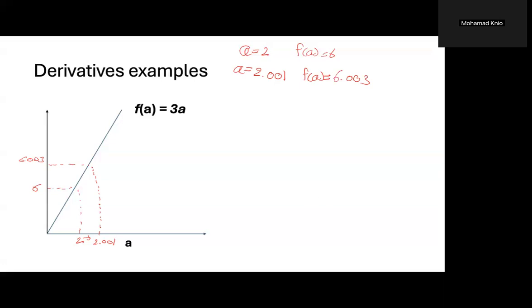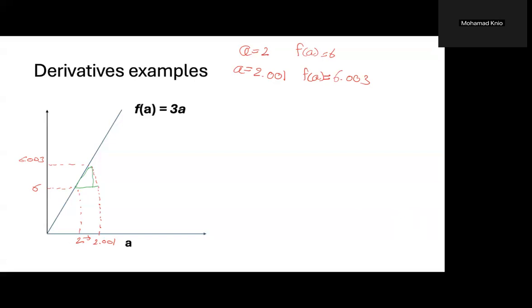If you look at this little triangle, I'm going to draw right now. Let me get the pen. Let's make it a different color. If you look at this triangle here, it's a perfect triangle.